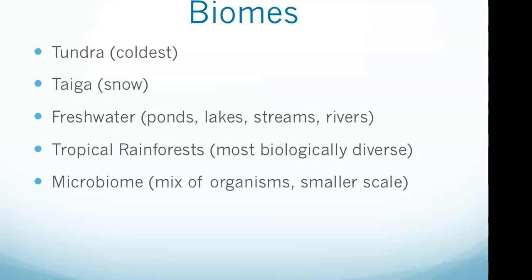Tropical rainforests on land and coral reefs in marine systems are among the most biologically diverse ecosystems on Earth. And then microbiome. This is a mix of organisms that coexist in a defined space, but on a much smaller scale. So that's really all you want to think there. It's a biome, but on a smaller scale.